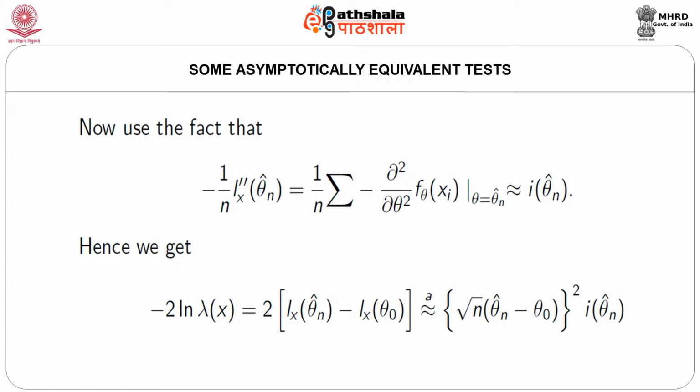Hence, we get minus twice log of lambda x, which is equal to twice small lx theta n hat minus small lx theta naught, is asymptotically equivalent to root n times theta n hat minus theta naught whole square times I at theta n hat.